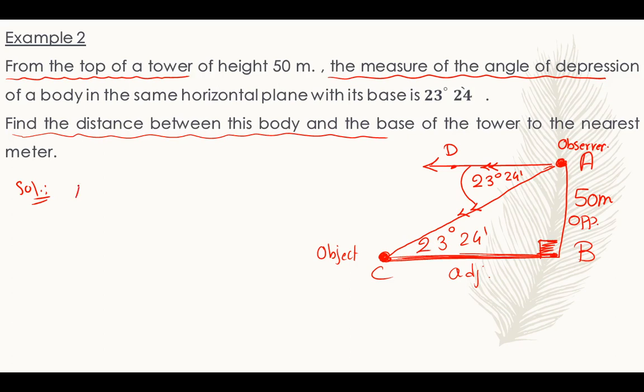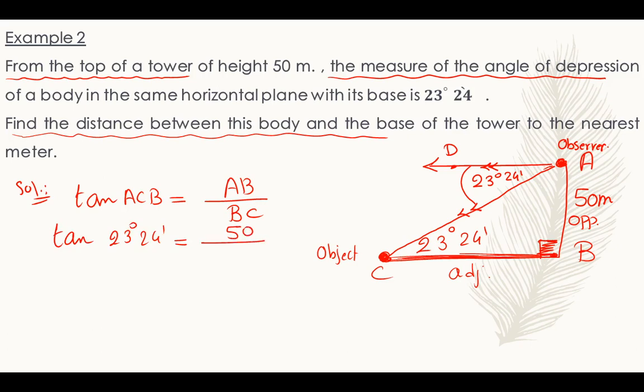So we can write tan angle ACB equals the opposite, which is AB, over the adjacent, which is BC. So tan 23 degrees and 24 minutes equals the opposite, 50, over the adjacent.